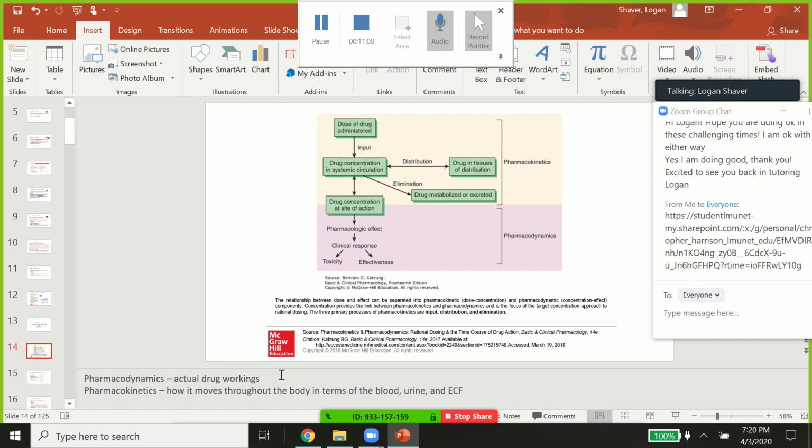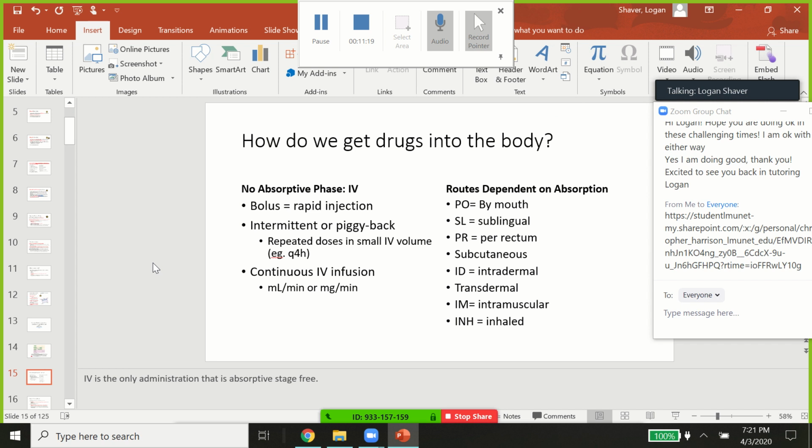That's the study of that, by the way. And then pharmacokinetics is more the study of how it moves throughout the body, like where it's eliminated, how it's distributed, things like that. And it's summed up pretty well in this chart anyway. But I thought it was a good slide.